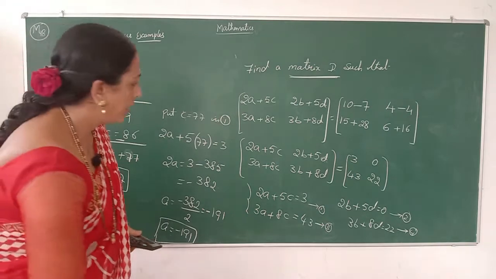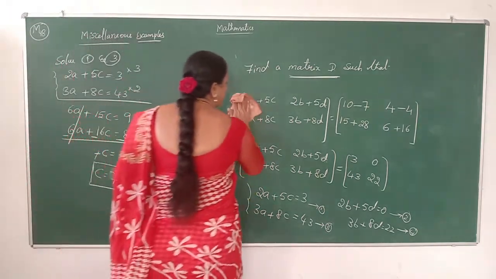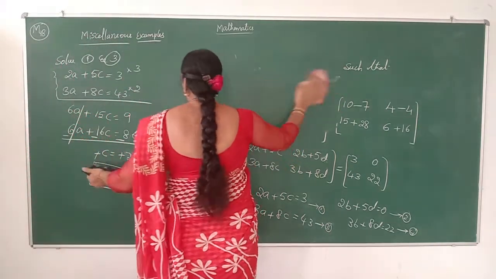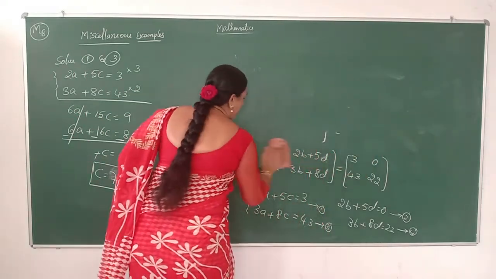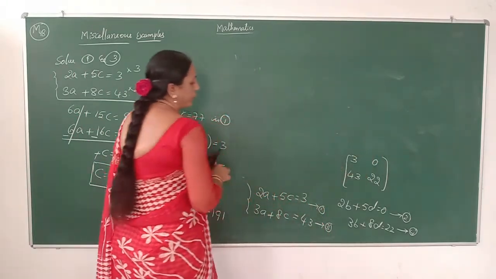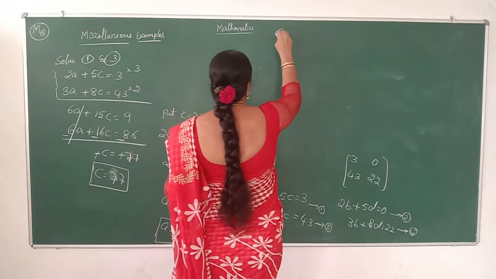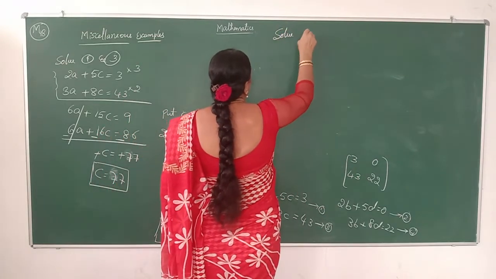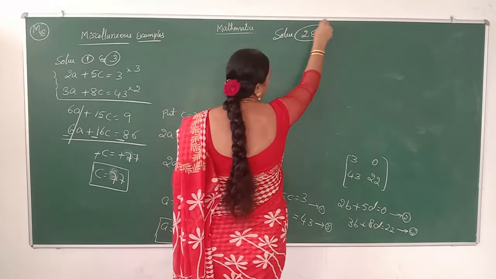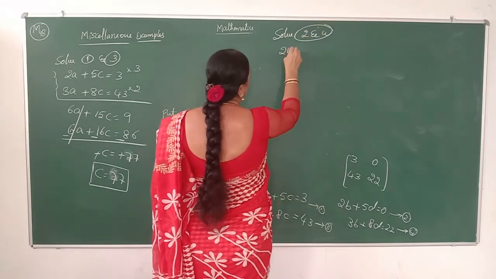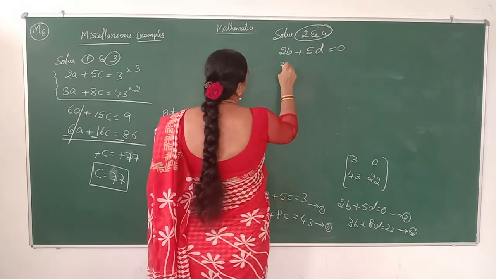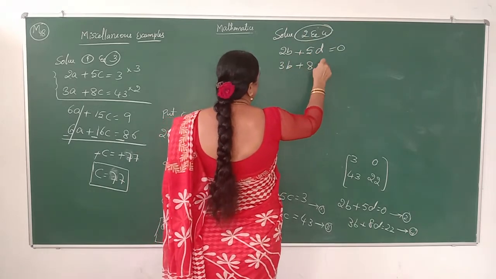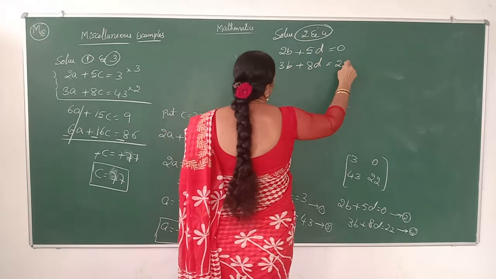Then similarly, we solve equations 2 and 4, as we already solved equations 1 and 3. Equation 2 is 2B plus 5D is equal to 0, and equation 4 is 3B plus 8D is equal to 22.